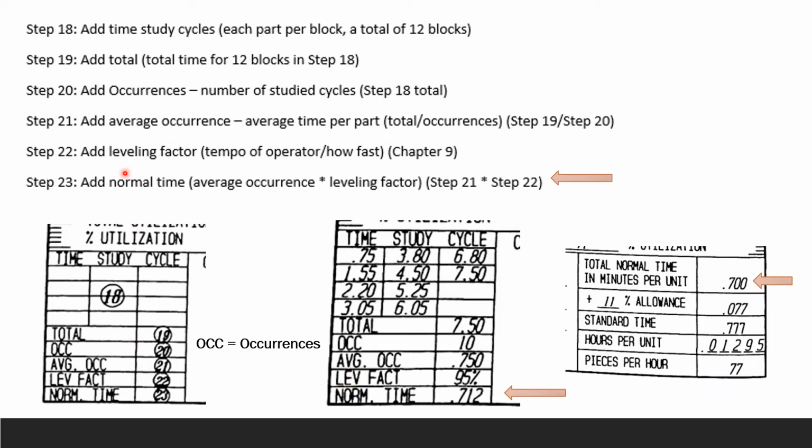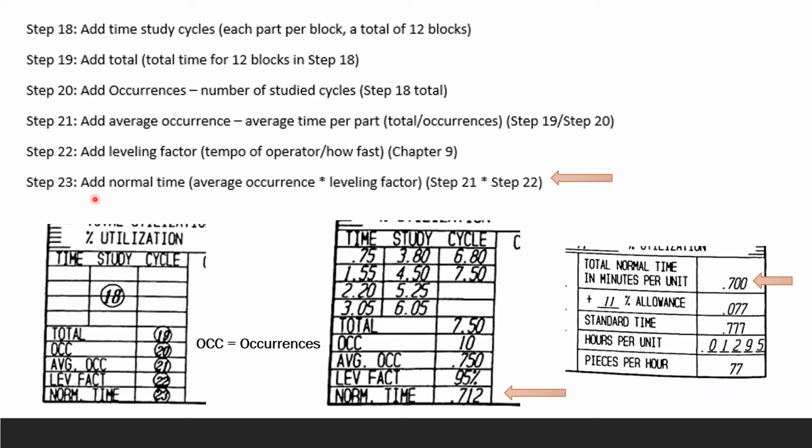Then step 22, we put the leveling factor. That's just the tempo of your operator, how fast that operator is going. We put it like 85 to 95%, sometimes 65% for slow people. And so we got our normal time.